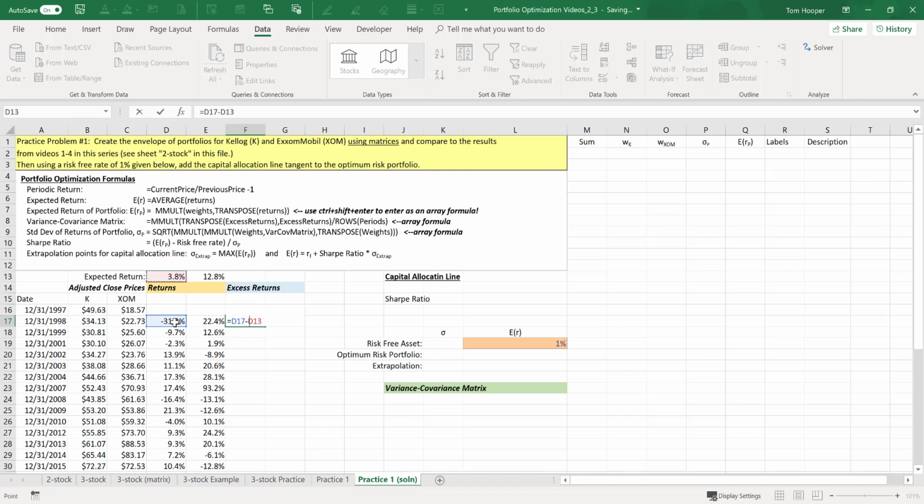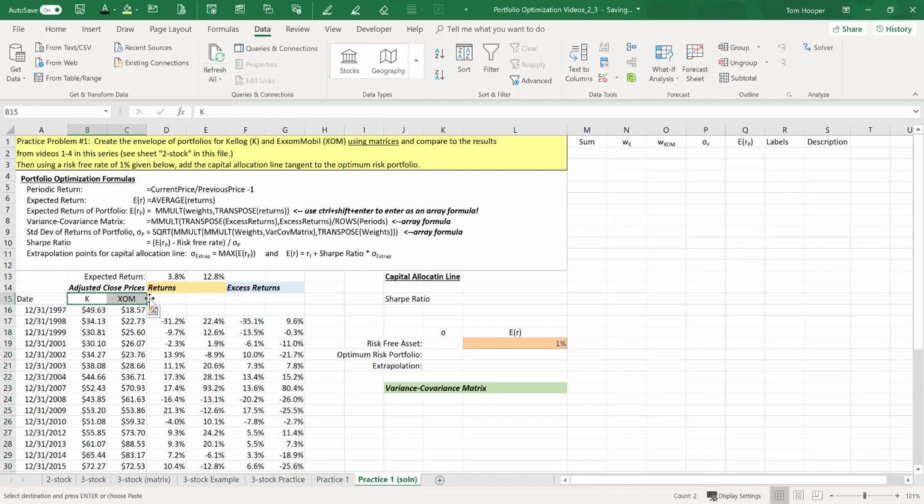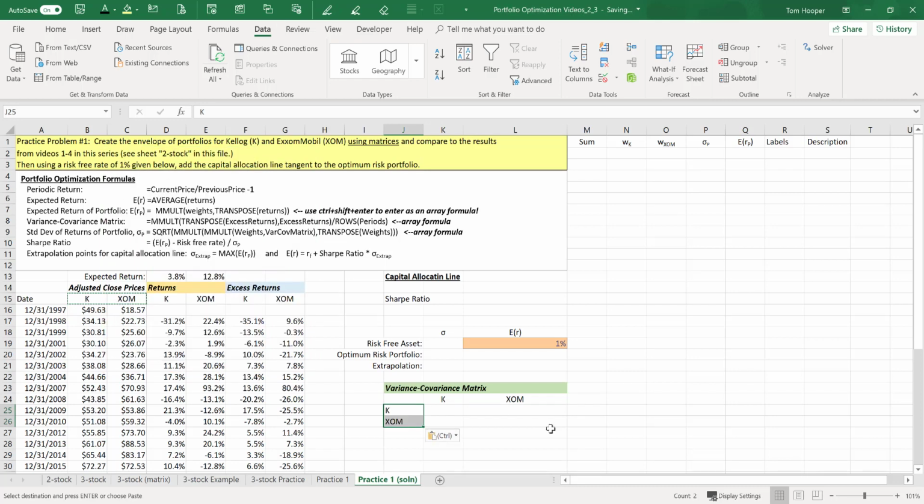If we get our dollar signs right, we can copy that formula for all the excess returns for all the stocks. So let's go ahead and label the returns and the excess returns and even the variance covariance matrix and paste transpose to get the labels there as well.